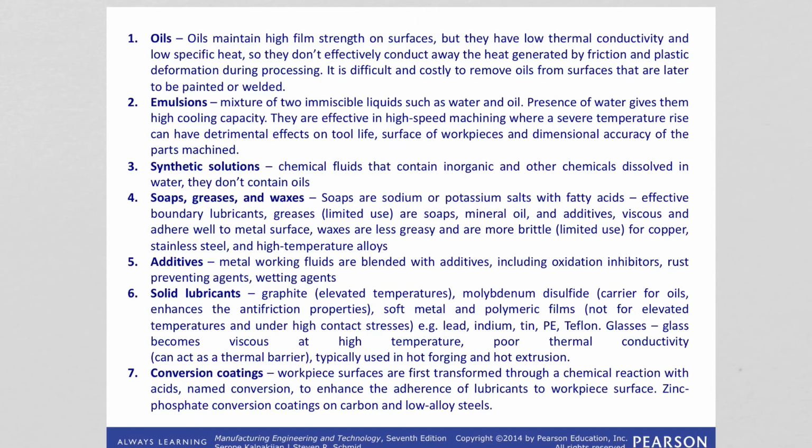They are effective in reducing friction and wear, but oils can have low thermal conductivity and low specific heat. Therefore, they don't effectively conduct the heat away that is generated due to friction or plastic deformation during the process.